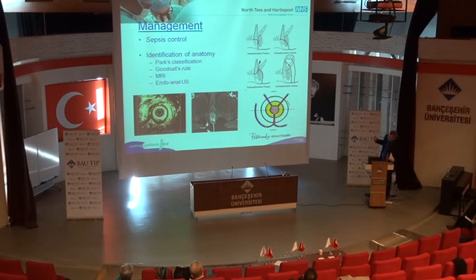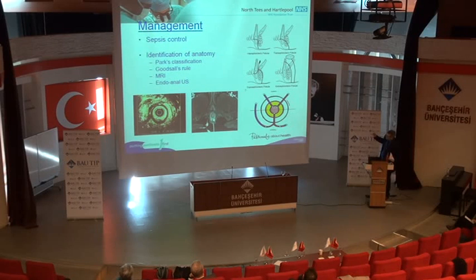We also need to identify where are the external openings and where are the internal openings. Now we've got Goodsall's rule. Well, I mean, it's not a rule, but it's a very common finding. If the fistula is anterior, then the external opening should correspond to the internal opening, so it's more likely to be a straight tract. While if it is posterior, then two things can happen.